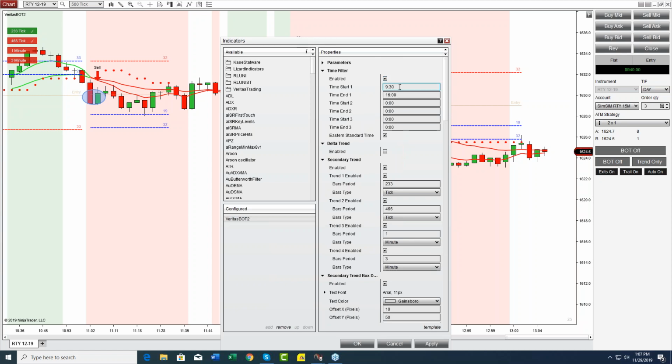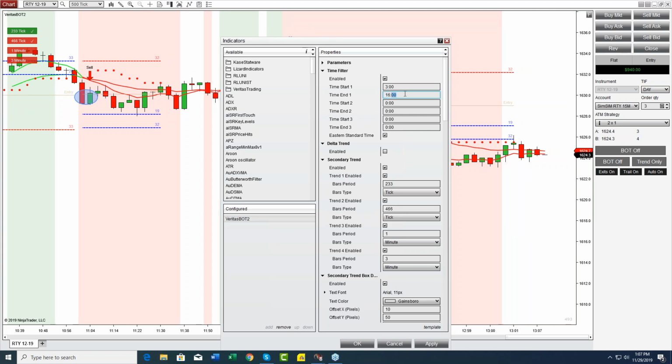So let's say I want to trade Europe, right? 3 a.m. And let's say I want it to turn off when Europe gets slow at 5:30. So the bot will now turn itself on at 3 a.m. and it will turn itself off at 5:30 a.m.